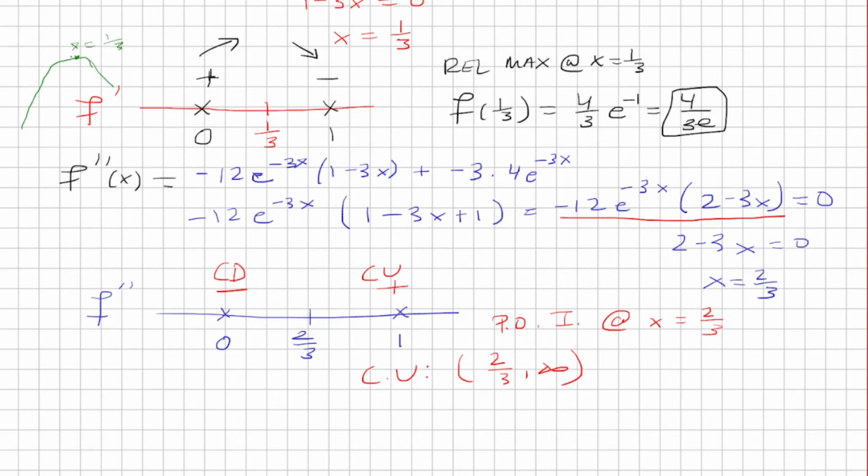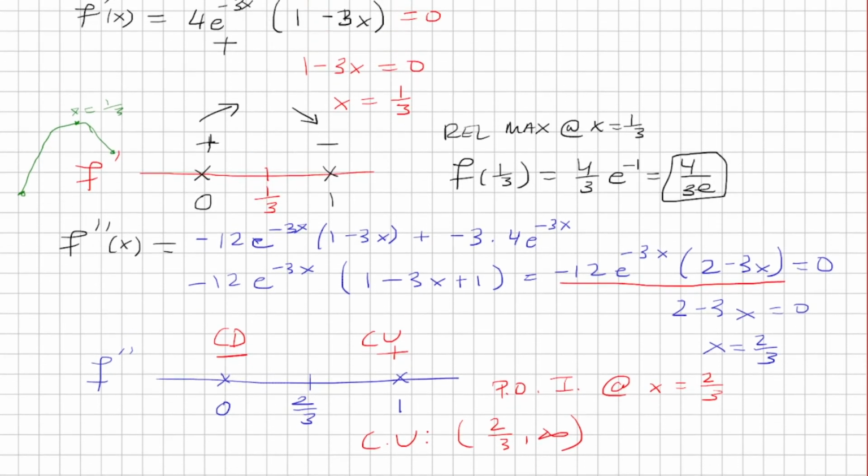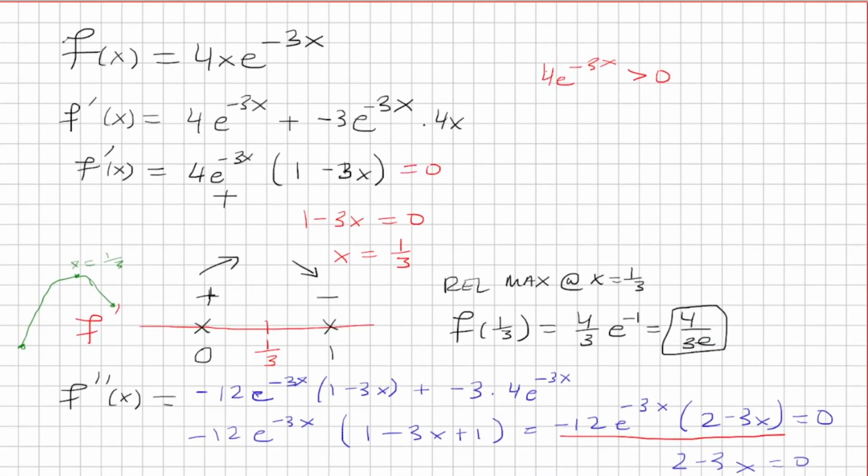So clearly the absolute maximum has to be the relative maximum. Now the question is, what is the minimum? The absolute minimum, rather. And for that, you have to look at what's happening at negative and positive infinity. So you have to take the limit of the original function as x approaches positive and negative infinity.